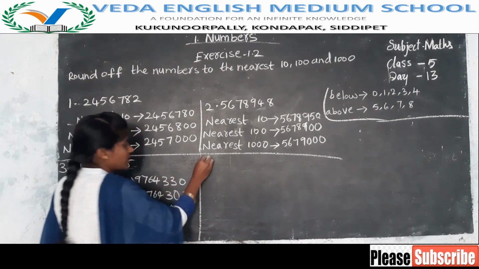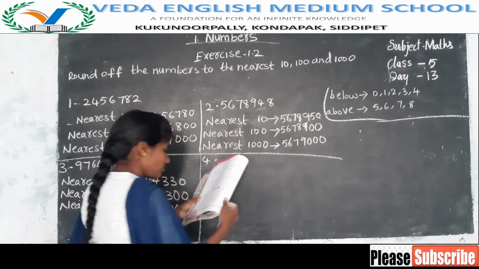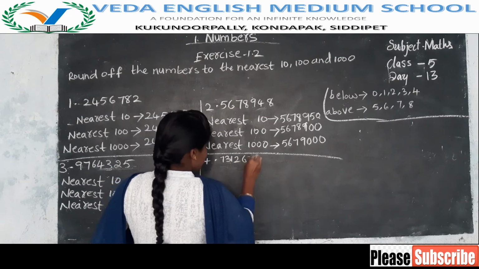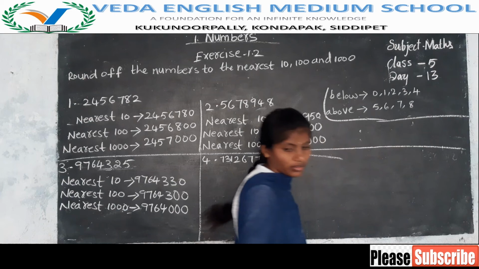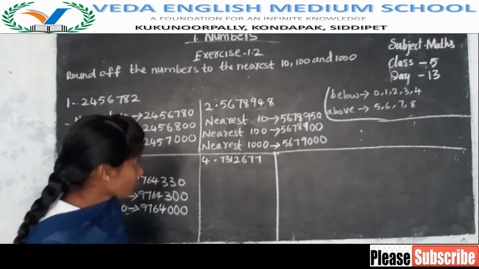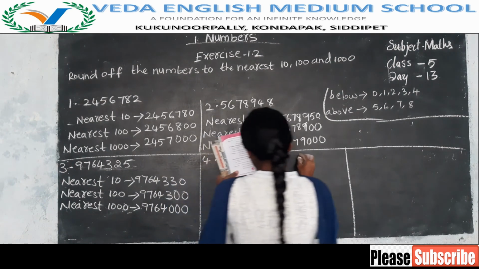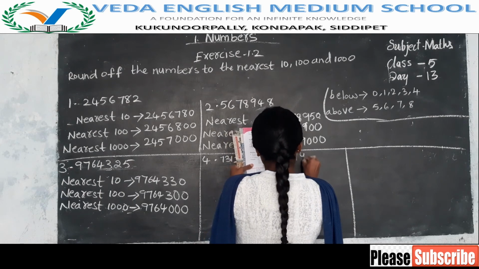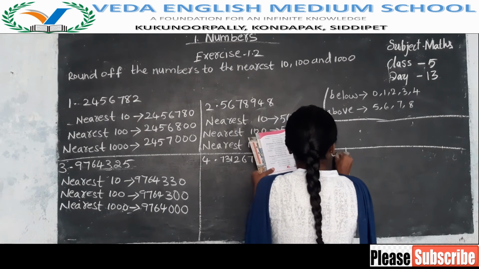Next, fourth question. 7, 3, 1, 2, 6, 7, 7. Fifth question. 3, 9, 4, 7, 2, 9, 5, 4.